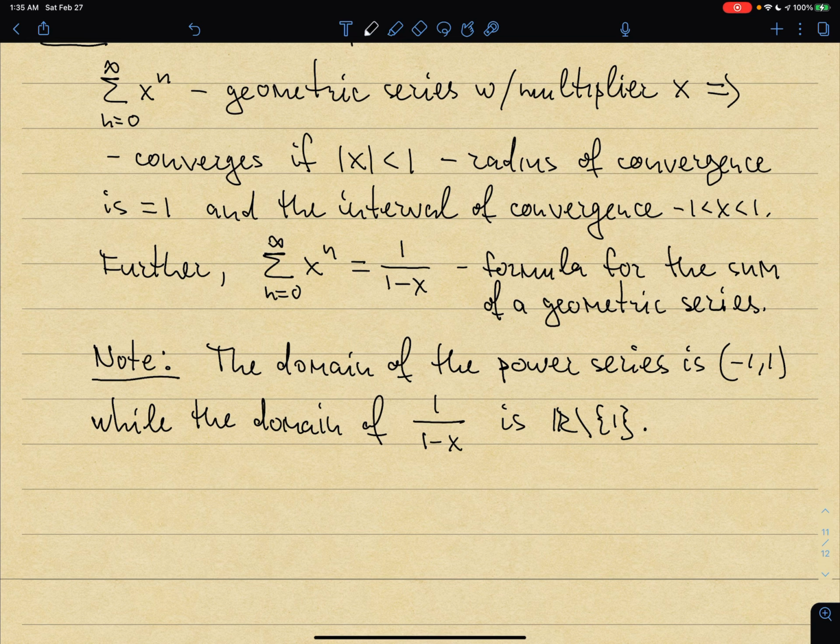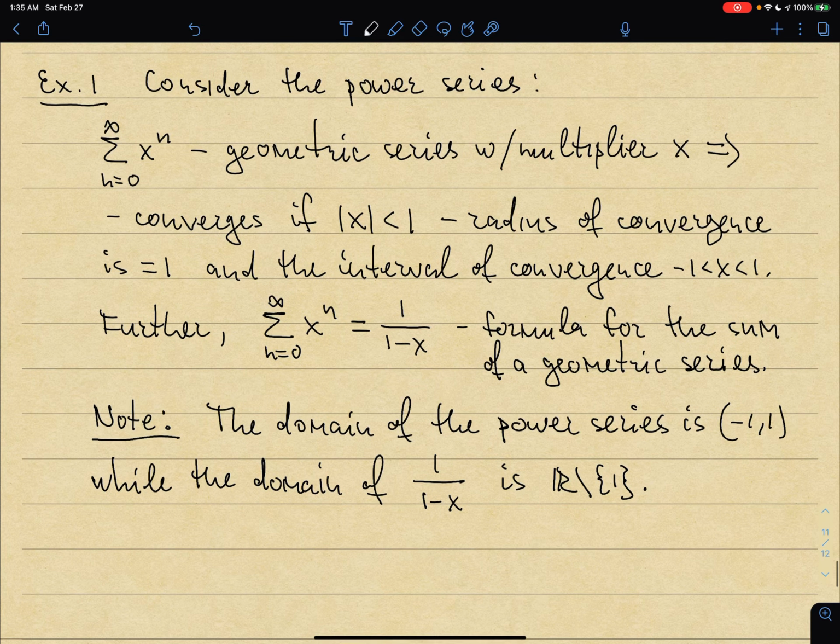Which I hope makes sense, right? Because the power series converges only in a subset of the domain of the function that forms its sum. Okay, so that is example number 1.